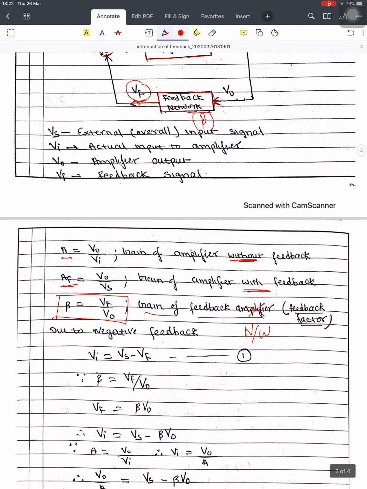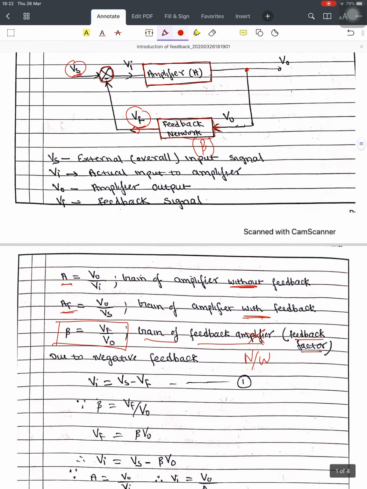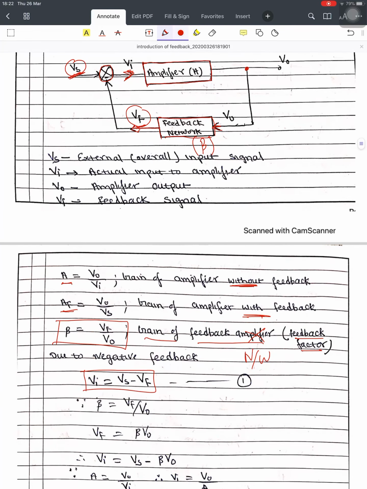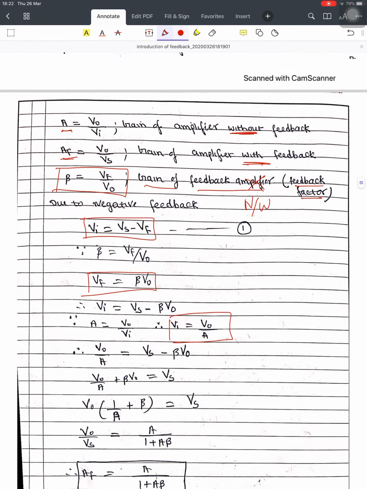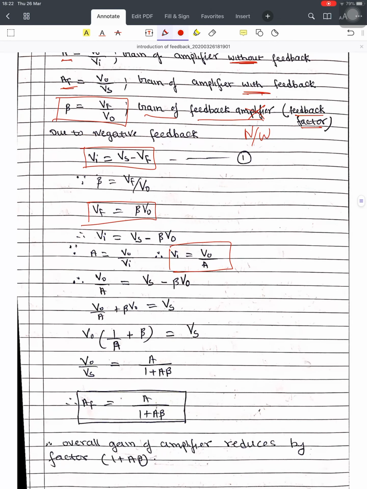Now due to negative feedback over here, Vin is Vs minus Vf. Now put the value of Vf in terms of beta and Vo, and Vin in terms of Vo and A. When I solve these two equations, I get this value: AF is A upon 1 plus A beta.